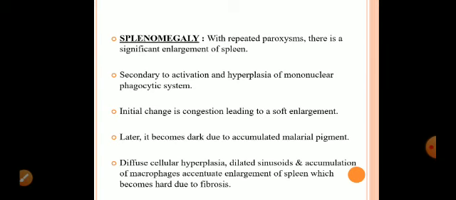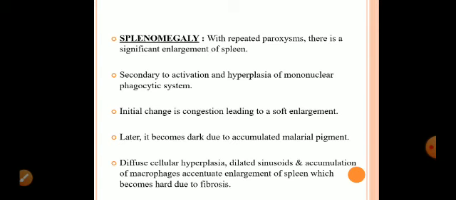Splenomegaly. With the repeated paroxysms, there is a significant enlargement of the spleen, secondary to activation and hyperplasia of the mononuclear phagocytic system. Initial change is congestion leading to soft enlargement. Later, it becomes dark due to accumulated malarial pigment.